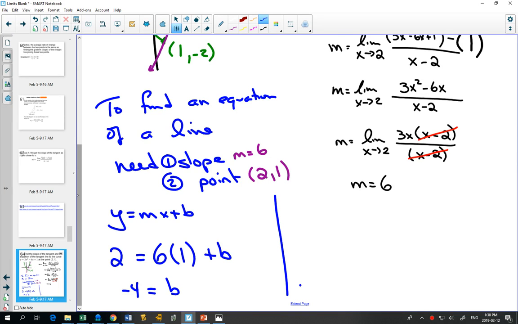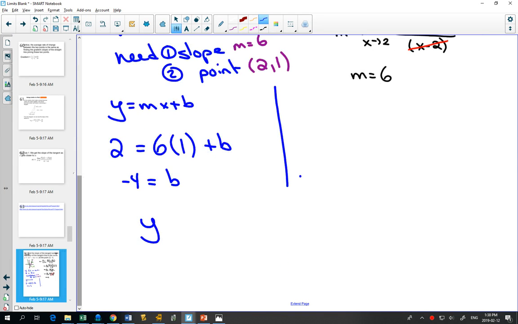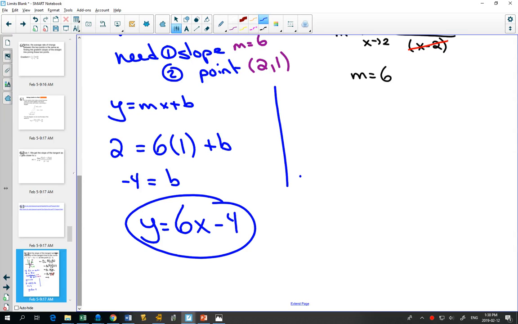So that means the equation of my line is going to be 6x minus 4. That's using y equals mx plus b. That's called the slope-intercept form of the equation of the line.